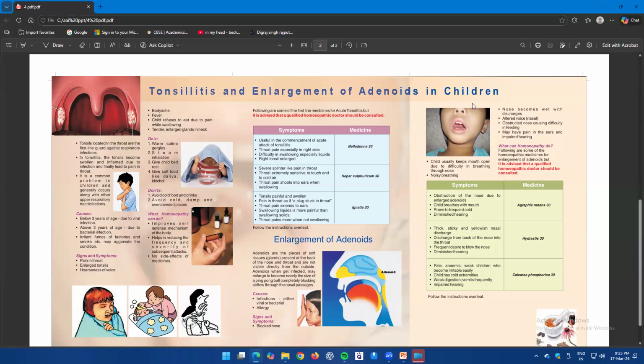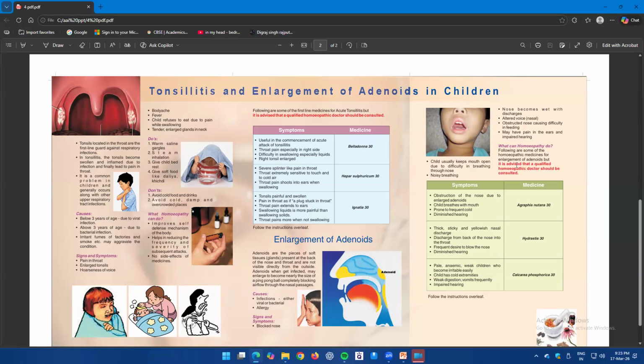I will again repeat: the child is repeatedly suffering from various breathing disorders, snoring, mouth breathing. See his nostrils, see his open mouth. He always sleeps in this pattern only. So in this condition, what can homeopathy do? After taking a proper clinical history, we form a totality and give our homeopathic medicine, which is purely based upon the totality of symptoms.